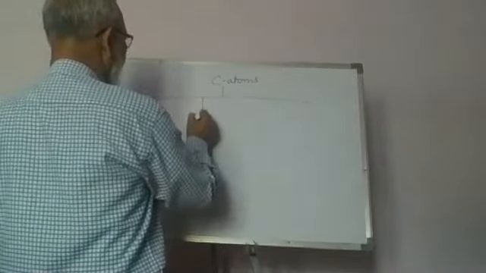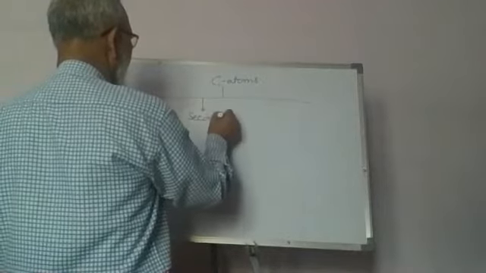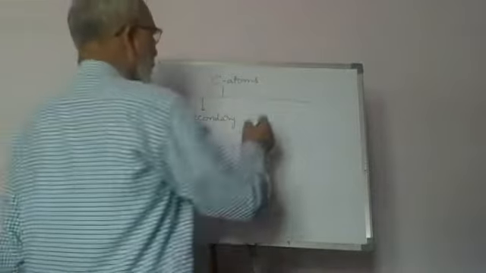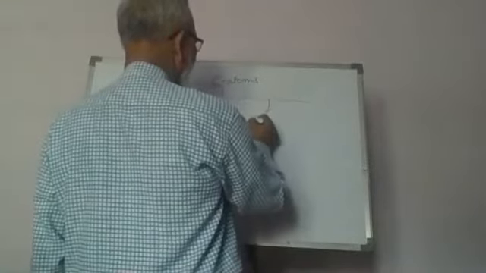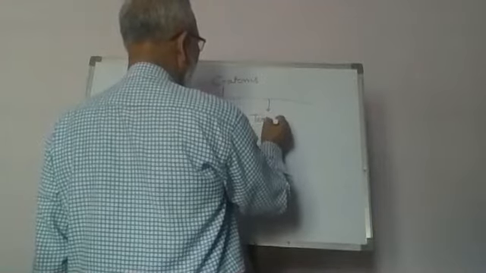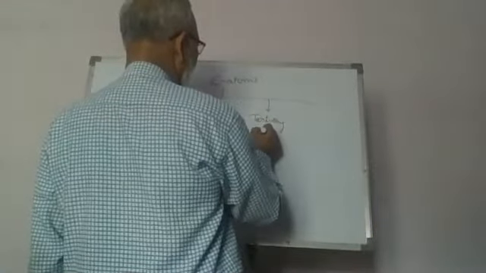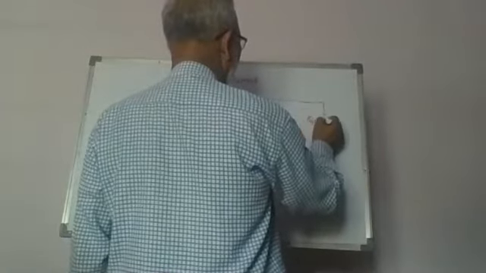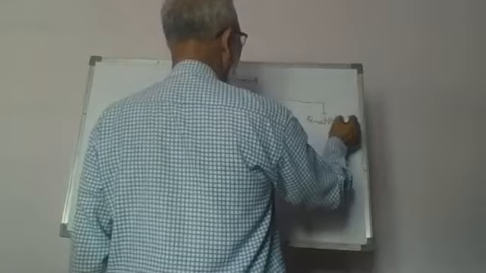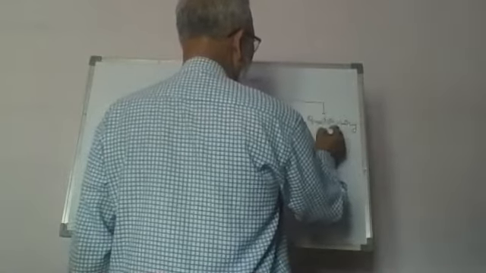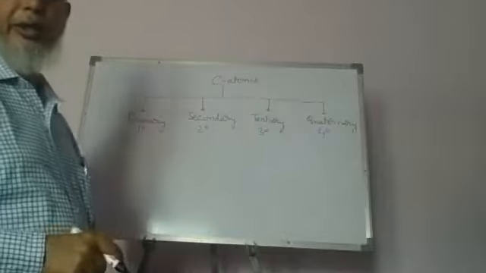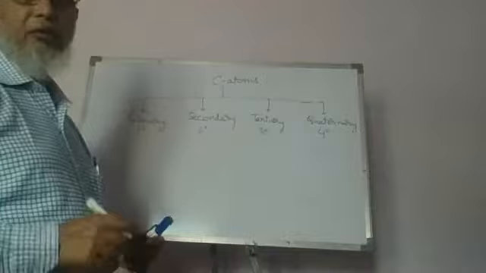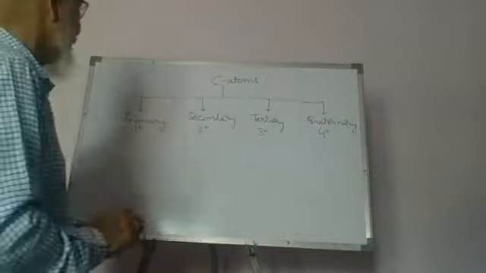Secondary, which is also called 2 degree. Tertiary, which is also called 3 degree. And quaternary, which is also called 4 degree. Now let us know what is the primary, secondary, tertiary and quaternary carbon atom. Let us discuss one by one.